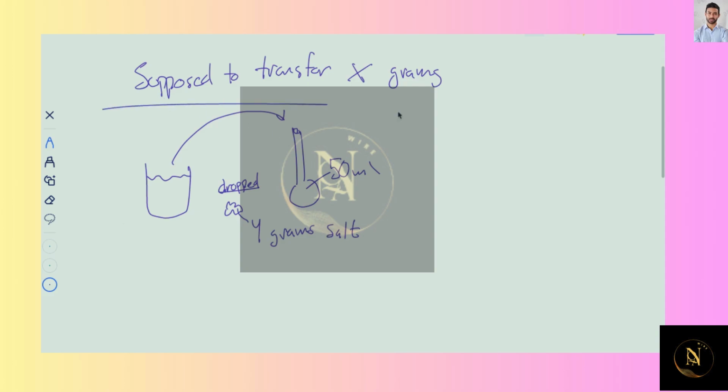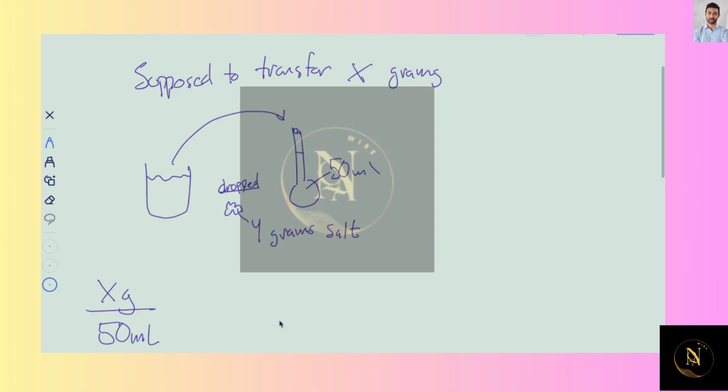Well, what were we supposed to make? What was our solution supposed to be? We were supposed to get X grams in 50 milliliters, right? This is what the concentration was supposed to be. We wanted to transfer X grams and put it in a 50 mil volumetric flask. We wanted X grams in 50 milliliters.